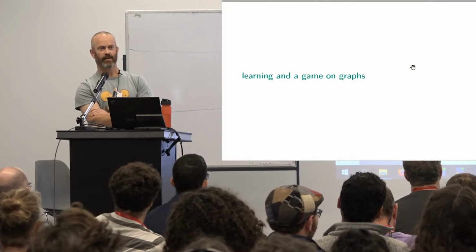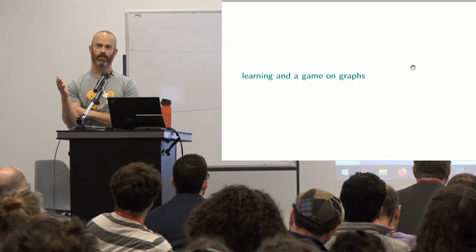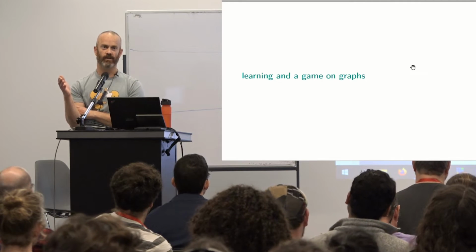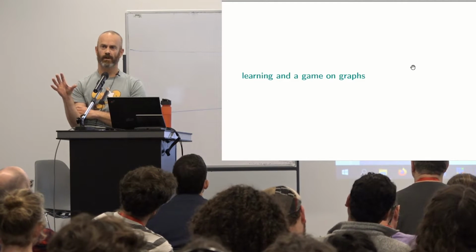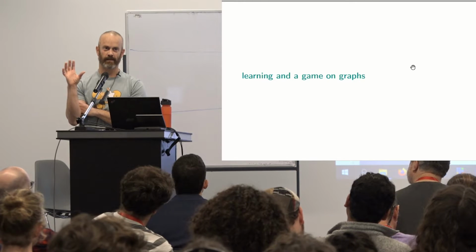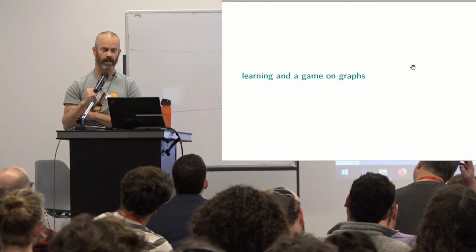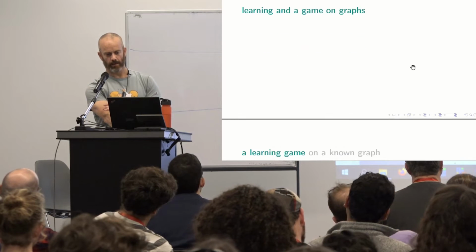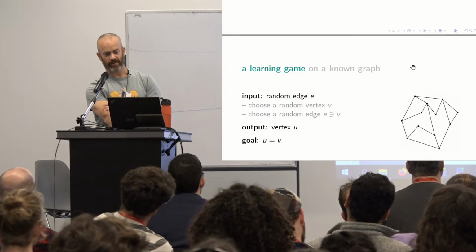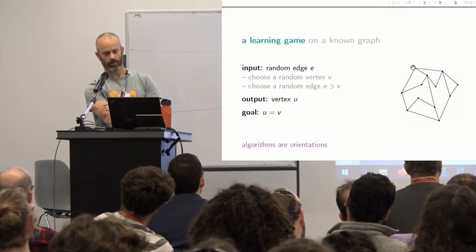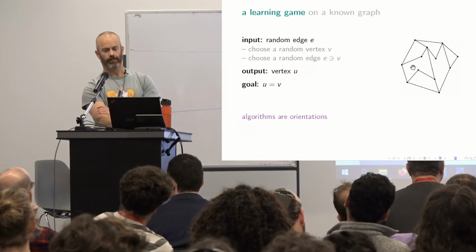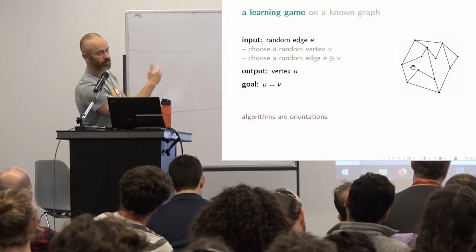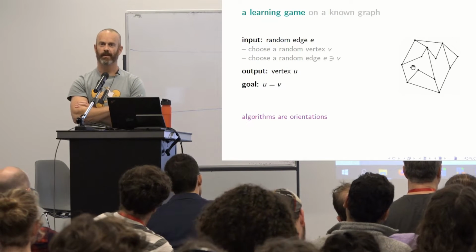One is a learning game which is defined by a graph, which I think is just a nice mental picture of learning. So here is the learning game. We have some graph that we know, for example the graph on the right-hand side in this picture.